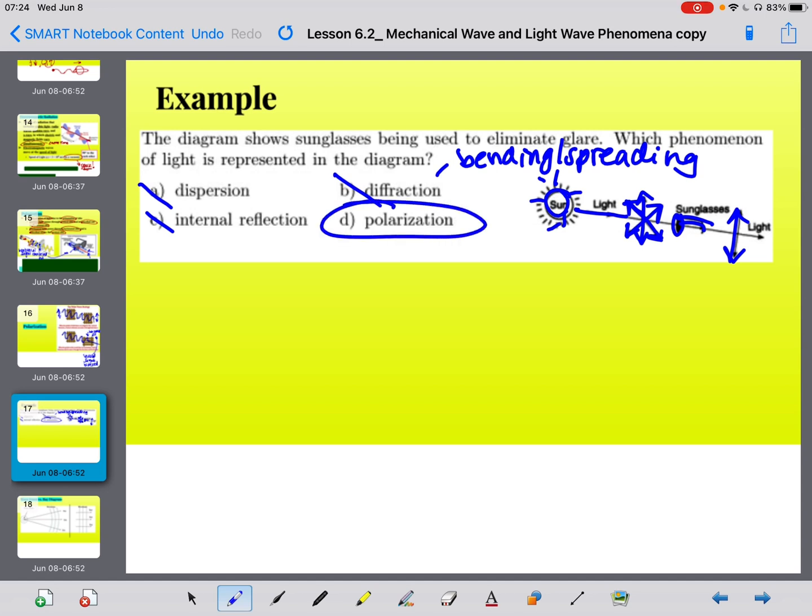So that's pretty much as hard as it gets for polarization. You just need to understand that light is going to get canceled out. So I'll put VL as vertical light. So if it gets canceled out, that means you have a horizontal polarizer.